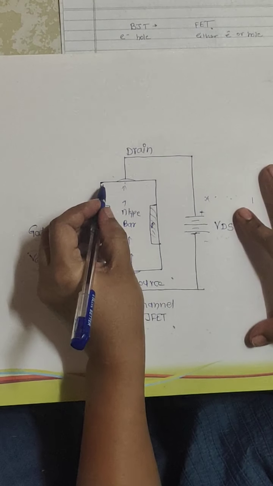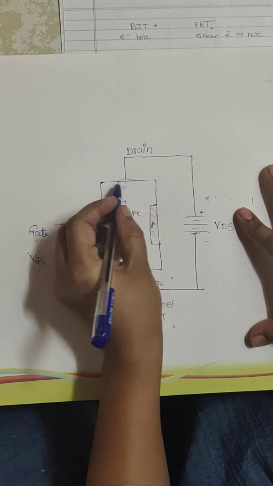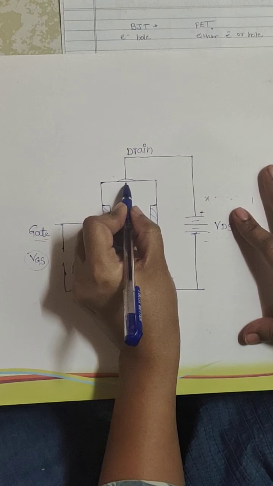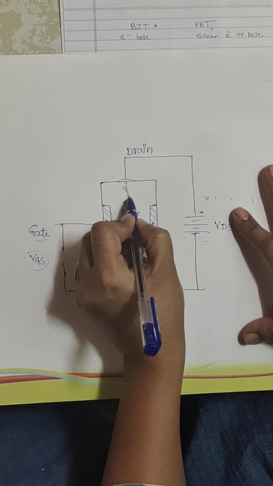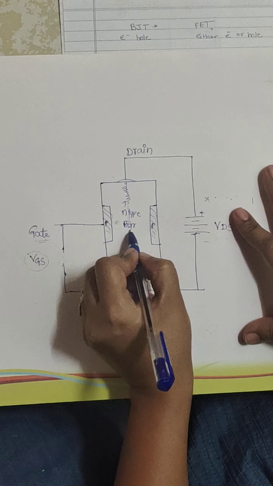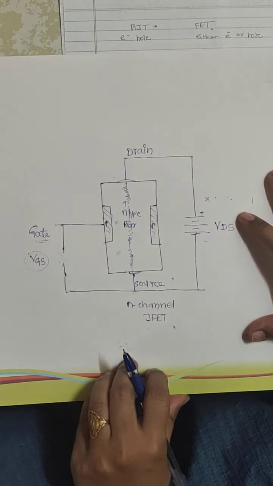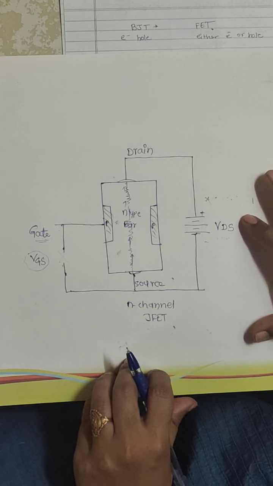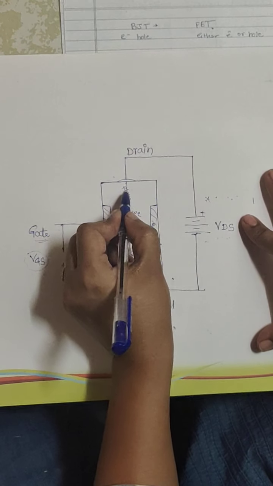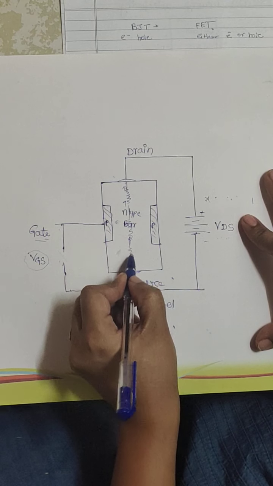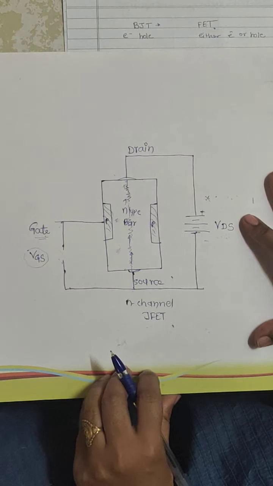Now, this is our N-type semiconducting bar. Since it is a semiconducting bar, it has internal resistance, and due to this current flow, a voltage is generated at every point of this internal resistance.